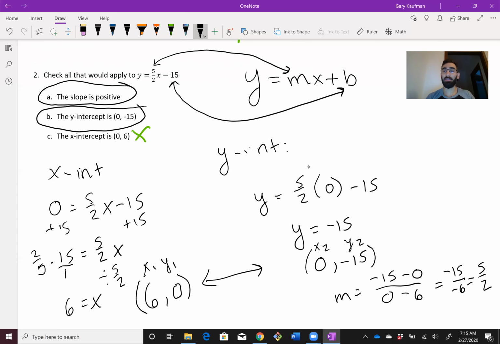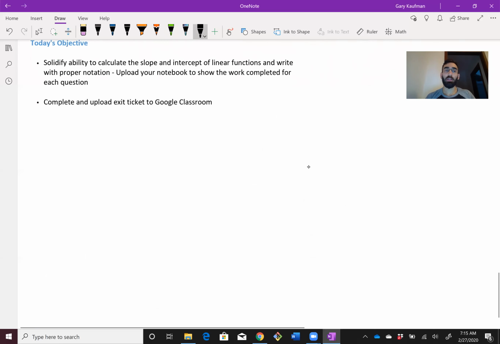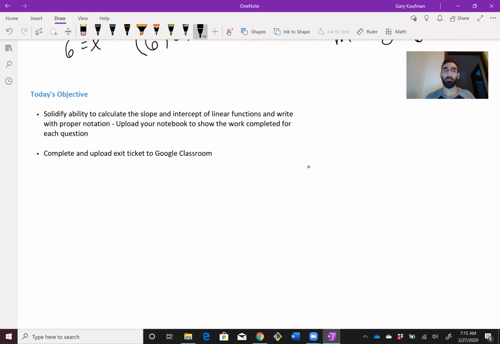Now on to today's objective. We want to solidify our ability to calculate slope and intercepts of linear functions and write them with proper notation. So x, y, you write the intercepts as ordered pairs. And you're going to upload your notebook to show the work. On Khan Academy, I have given you some activities you need to do.